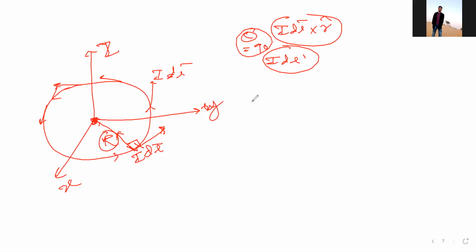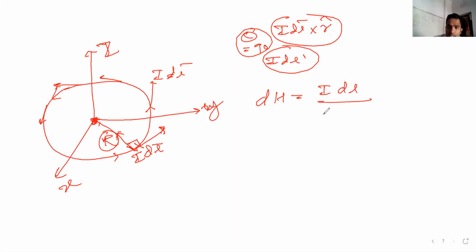So what we get is dH at this point C is Idl sine theta upon 4 pi r squared, where r is capital R. Is this fine? Now, this dH is due to a small, infinitesimally small current element, right?